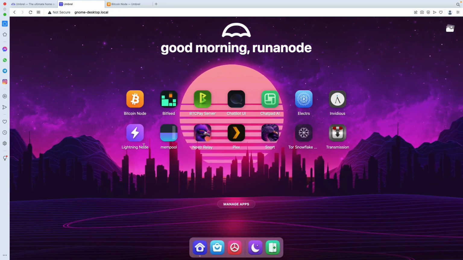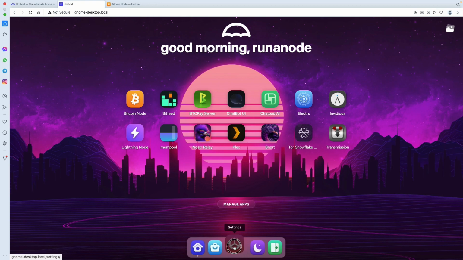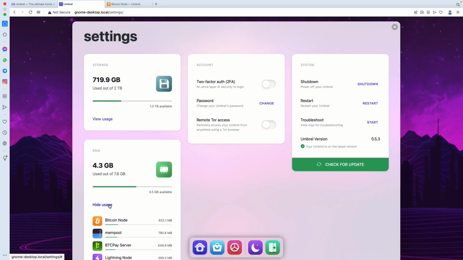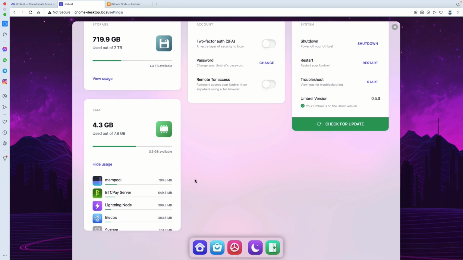The Lightning node is not even running. I haven't set up anything, just the Bitcoin full node, which is going and fully synchronized. You can see in Umbrel OS settings, under usage, that the mempool is taking a lot.